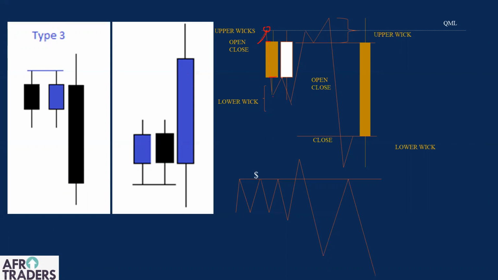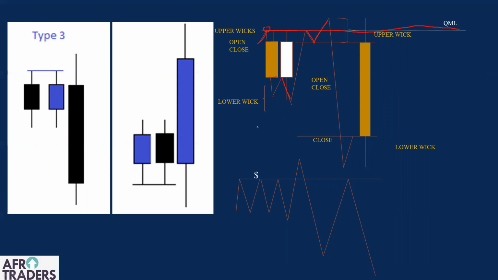The second candle, which is a bullish candle, opened here and created a lower wick, then went up and created the upper wick, right? Then the third candle, which is an engulfing candle, pushed up, took liquidity, and then came to close down here. So as you can see, even though we have a double top here, we still have the Quasimodo at that same level.